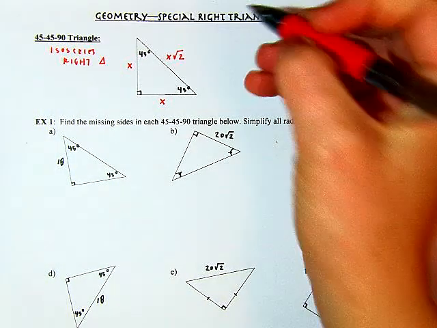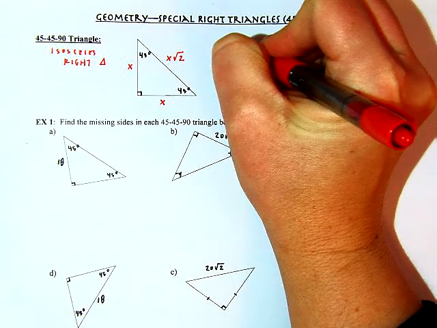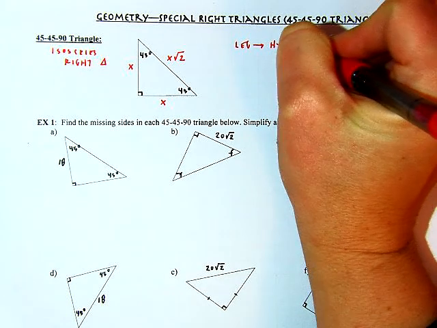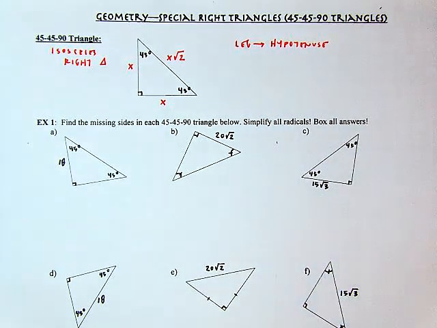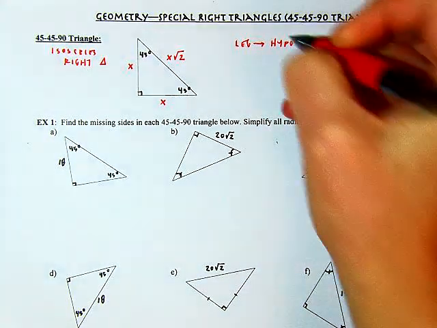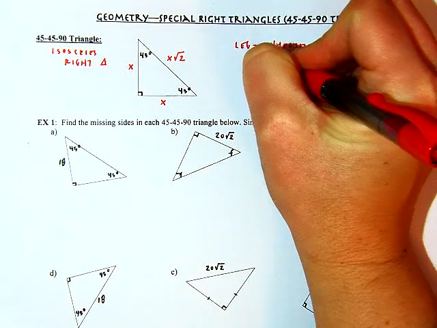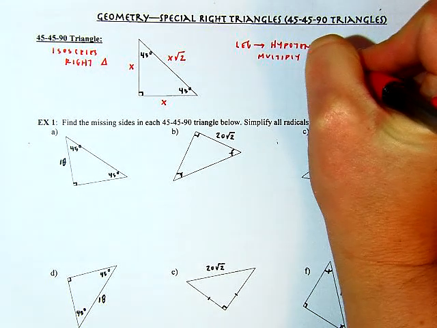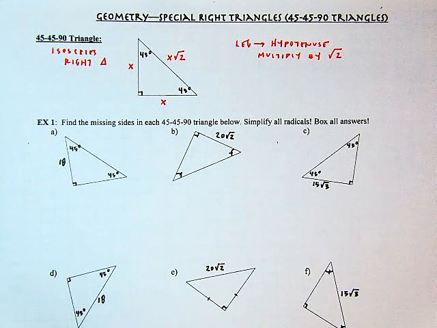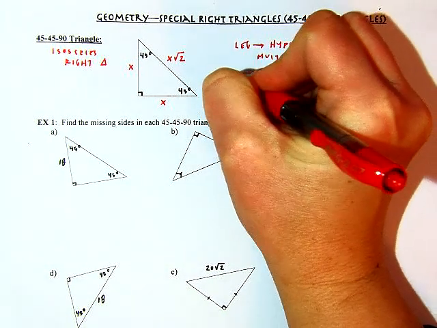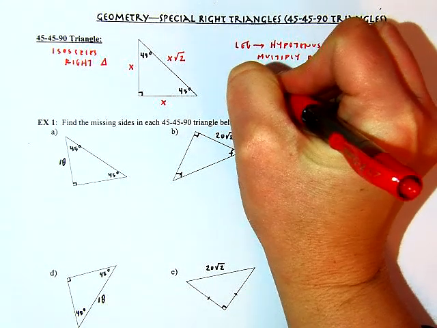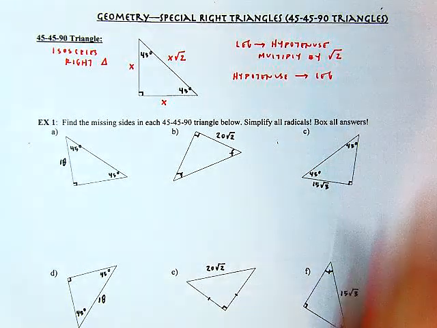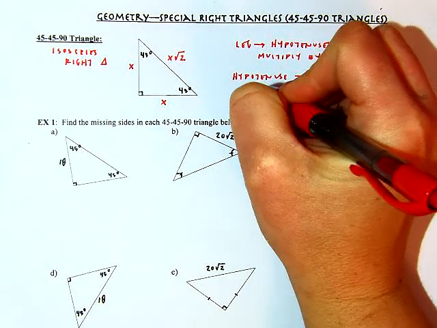So if I'm going from leg to hypotenuse, then we're really multiplying by the square root of 2. And if I'm going in reverse, from hypotenuse to leg, we're really dividing by the square root of 2.